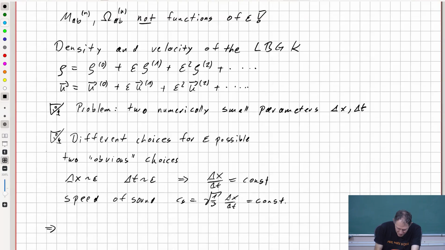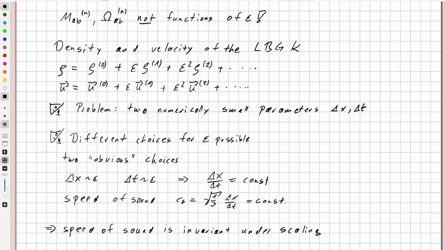Okay, so first observation, the speed of sound is invariant under scaling. So what we mean with scaling is that we change the resolution of the system.